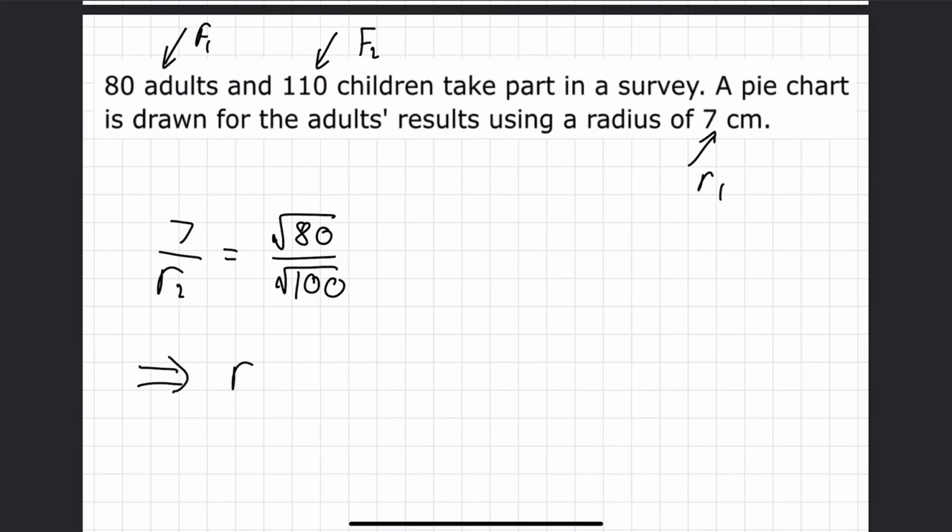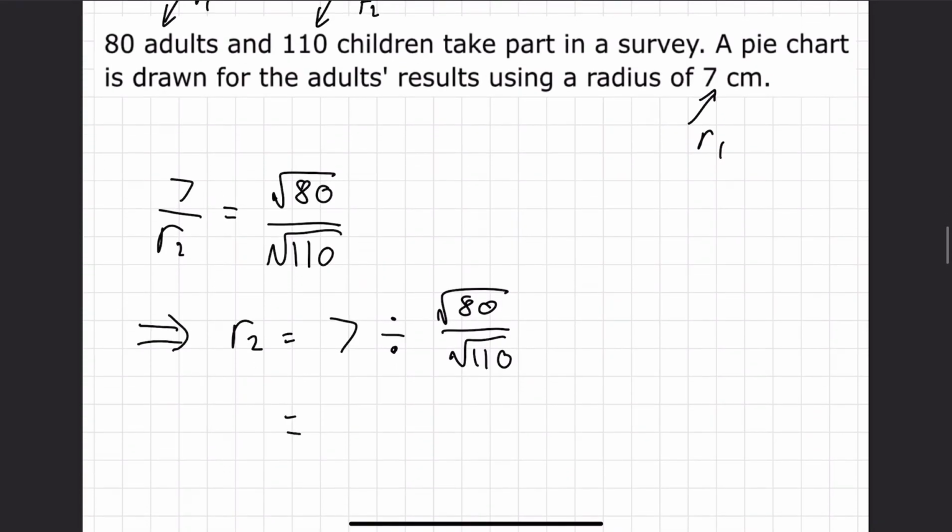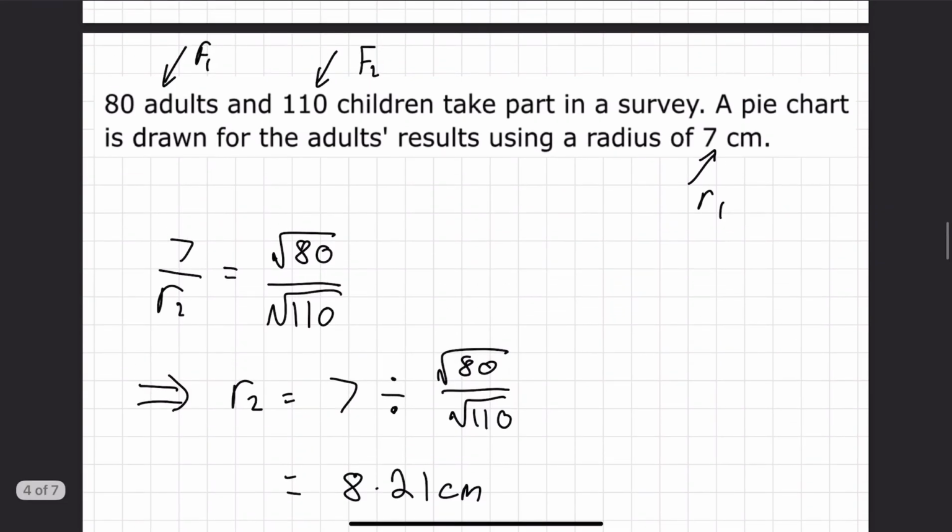So I get R2 equals 7 divided by the square root of 80 over the square root of 110. You type that in and we get 8.21 centimeters.